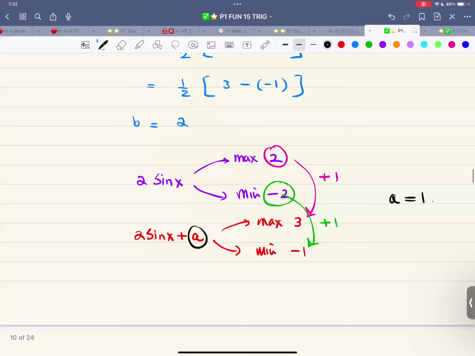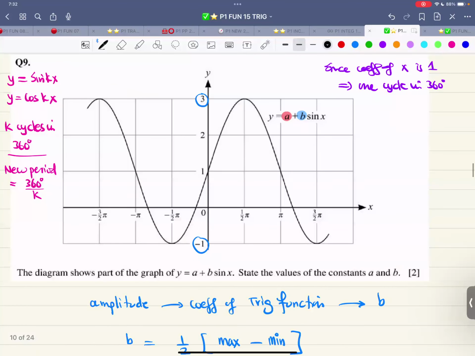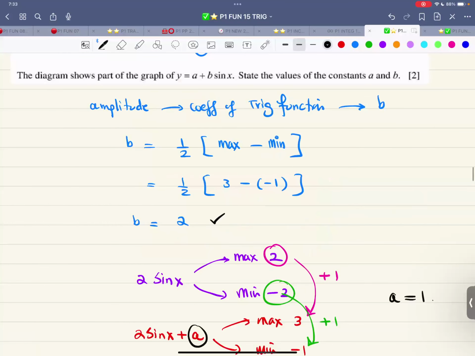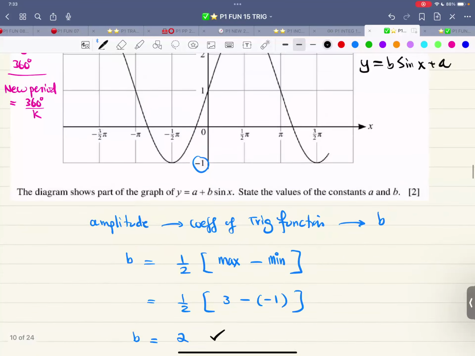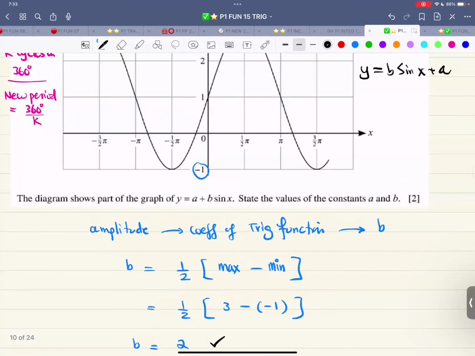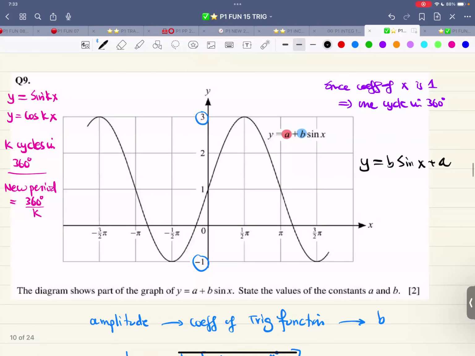So a is that constant that is being added. We have b sine x plus a. So the value of b is 2 and the value of a is 1. For 2 marks, that's the working that needs to be done. I hope you realize that 1 mark does not mean it's easy. 1 mark means the working is less, but conceptually, it is a strong question.